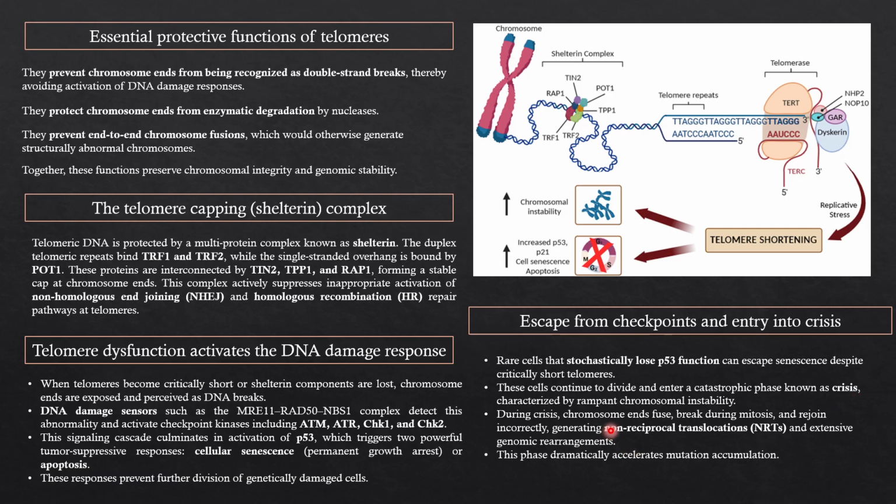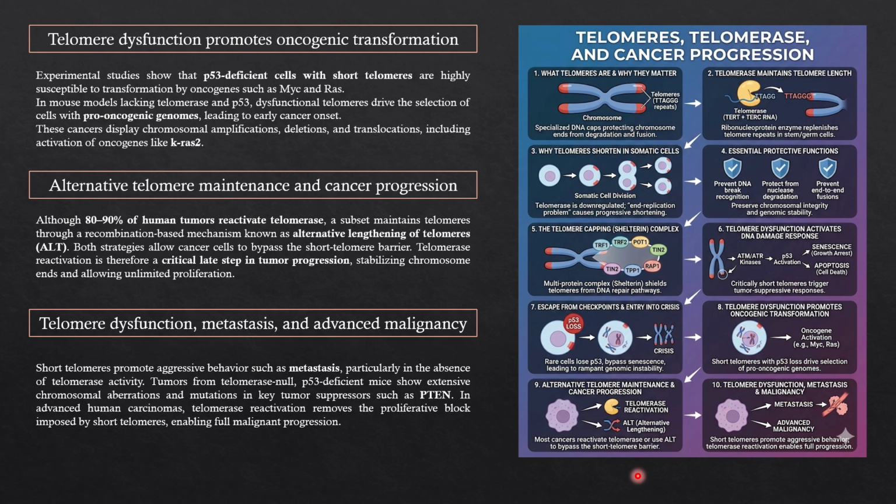During this crisis, the chromosome ends fuse and break during mitosis and rejoin incorrectly, and generate non-reciprocal translocations, or NRTs, and extensive genomic rearrangements. This phase dramatically accelerates mutation accumulation.